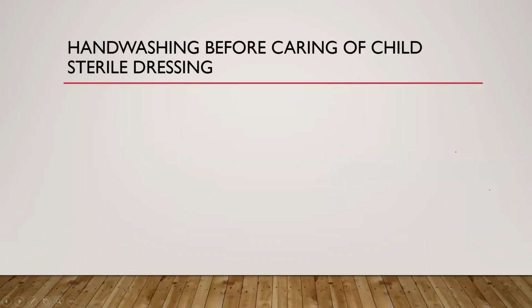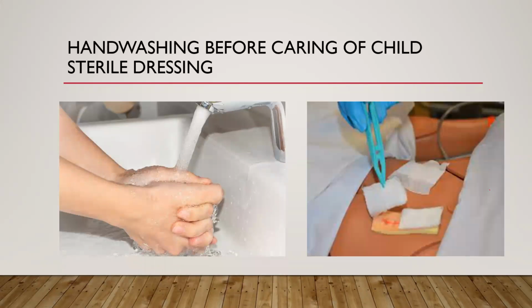The second concept is hand washing before caring for the child, and sterile dressing. Hand washing is the main concept because it can prevent cross contamination. Hand washing is the main procedure before doing any procedure to the client.